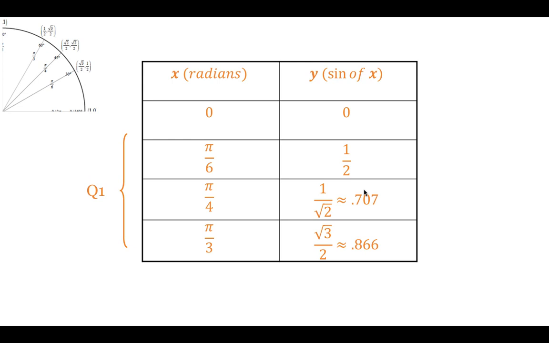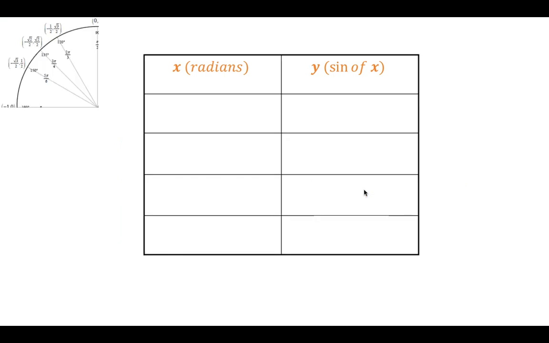And then you can kind of see what's happening with these values. Oh, look, they're increasing, right? So in quadrant 1, my sine is increasing. Let's look at quadrant 2. My quadrant 2 values are going to be pi over 2, that's a boundary angle, and then I've got 2 pi over 3, 3 pi over 4, 5 pi over 6. Well, when my input is pi over 2, what's my output?